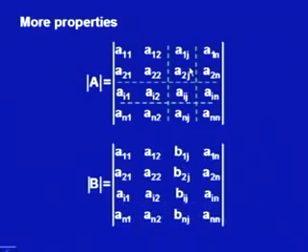Now the determinant B is the determinant of this matrix. This matrix is the same as matrix A, the only difference is in the jth column. So A11 in the B matrix is the same as here. All rows and columns are the same except this particular column.